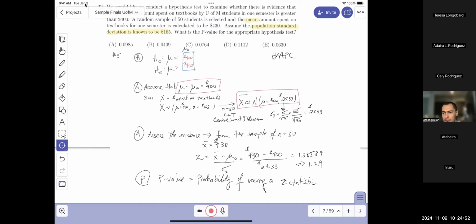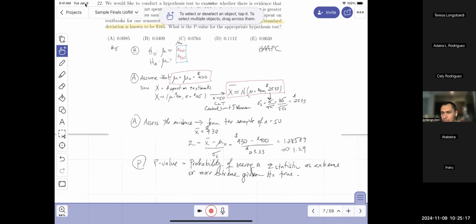Here's a sample, and I do all these things to it. So Z is a statistic. So the p-value is the probability of seeing a Z statistic as extreme or more extreme, given H not true. All right, what does that mean?